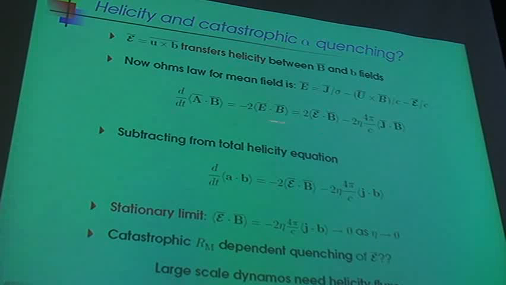And so the helicity evolution equation for the mean magnetic field becomes d by dt of this volume integral of A bar dot B bar is twice this curly E dot B bar minus the dissipation term. So you now have not just a dissipation term, but also a source term in the helicity evolution for the mean field.